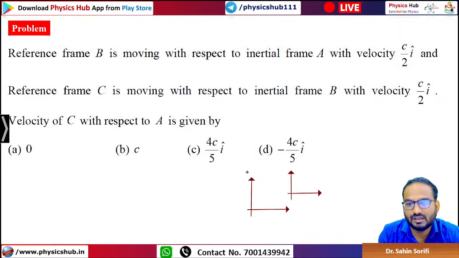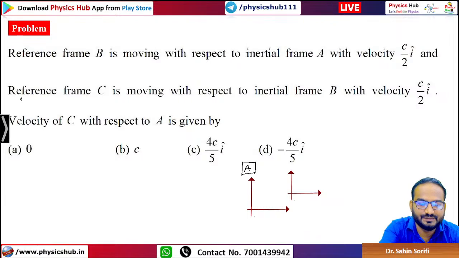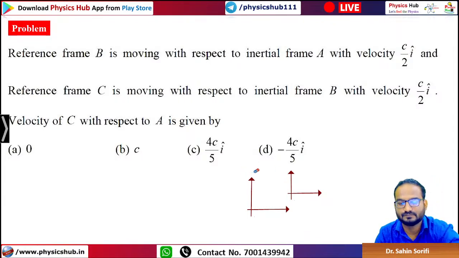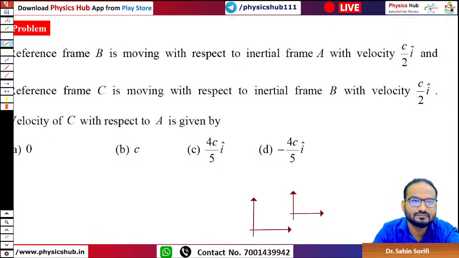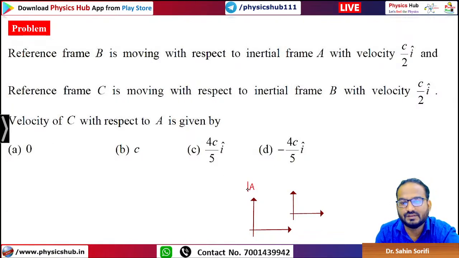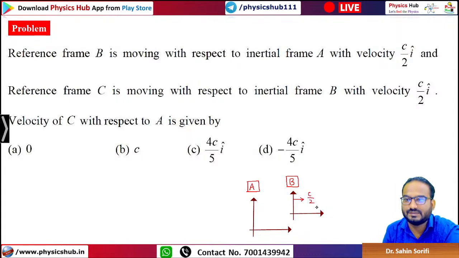Let's say I'm just showing it in this way. This is our reference frame A. Reference frame B is moving with respect to A with velocity c by 2 i cap. So this is your i cap direction. So this is c by 2. So v is c by 2 actually. And reference frame C is moving with respect to inertial frame B with velocity c by 2 i cap.